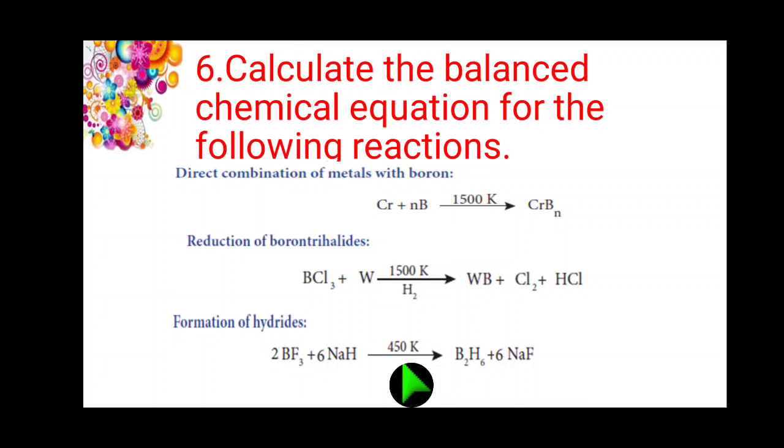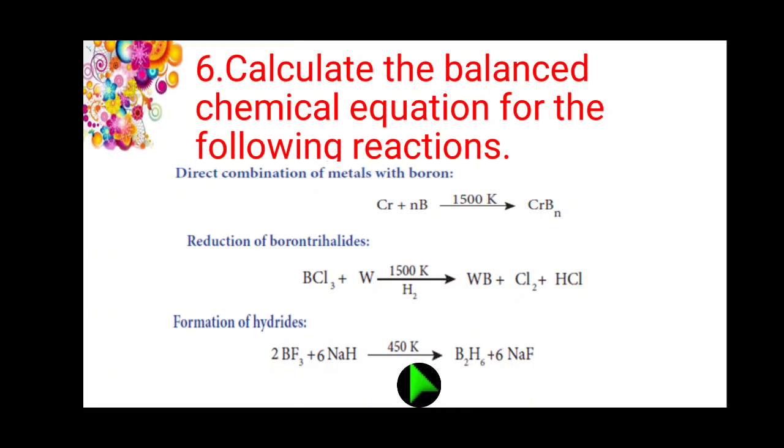However, it forms a variety of hydrides called boranes, right? When boron combines with the hydrogen, it gives a borane, right? So the simplest borane is diborane, B2H6.